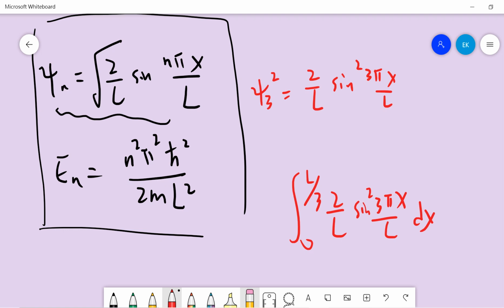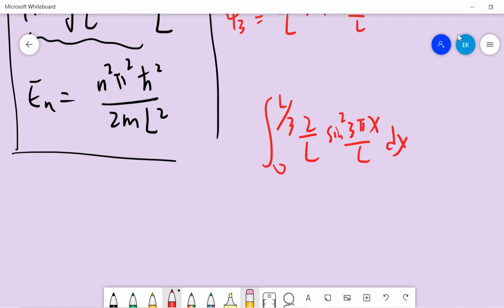This integral is easy to do because you can write the sine squared term as one half minus cosine of 6 pi x over L. When you do the integration, this gives you sine of 6 pi x divided by L, but when you plug in L over 6, it becomes 0. So this term vanishes.